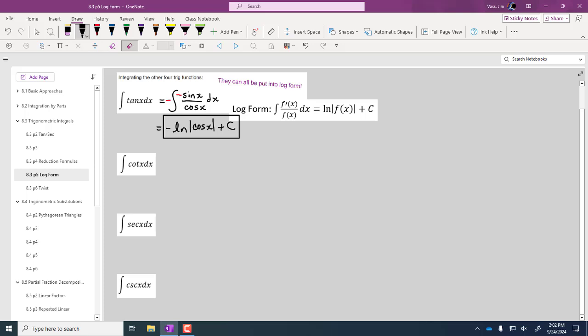Now you could do a little finagling here if you would like. And sometimes when you look at these tables, you'll see the log property where they take the coefficient and fly it up into the exponent position. So if that -1 coefficient flies up into the exponent position inside the log, you'll get 1 over cosine, which is secant.